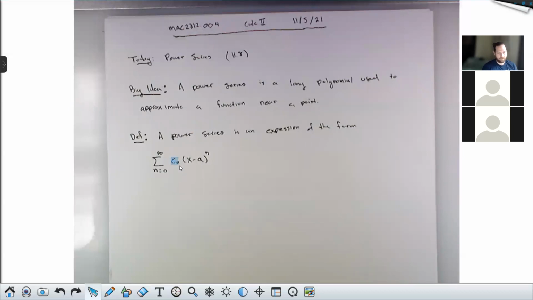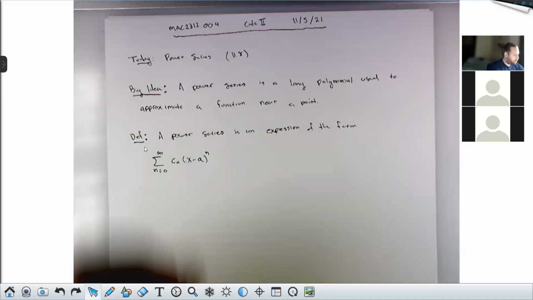The Cn's here, these are just like your ANs from the regular series early in chapter 11. The symbol a here is just a constant, and x here is a variable, just like we've been using the symbol x to represent a variable for the rest of the semester. In fact, you could write f of x equals this thing if you wanted to, right? Because it is really a function of x.